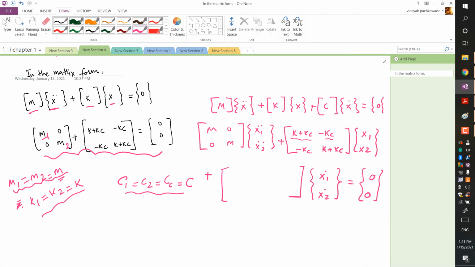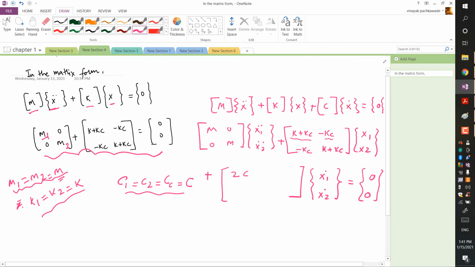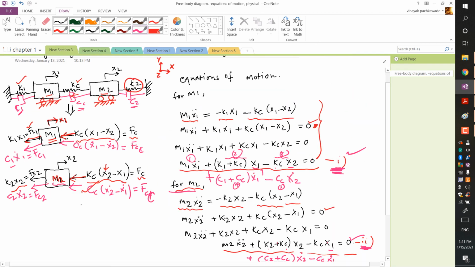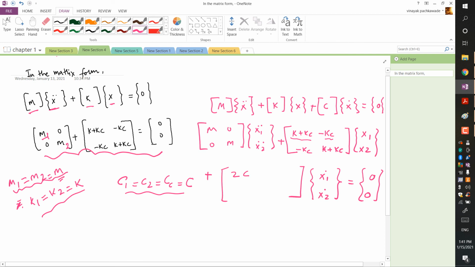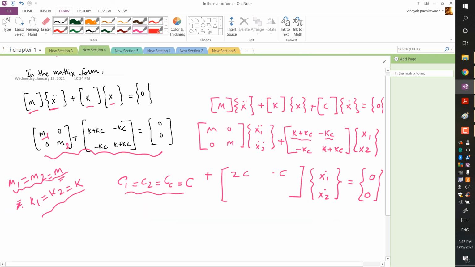The coefficient of x1 dot in equation 1, c1 plus cc, we write as 2c, and x2 dot has a coefficient of cc, so we can also write c, with a minus sign. Similarly in equation 2, the coefficient c2 plus cc is the coefficient of x2 dot, so we write twice c, and the coefficient of x1 dot is minus cc, so minus c and 2c.